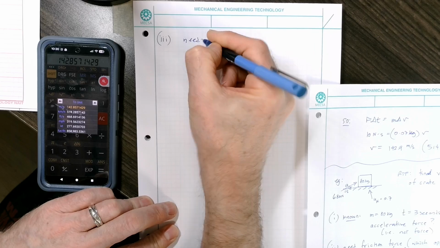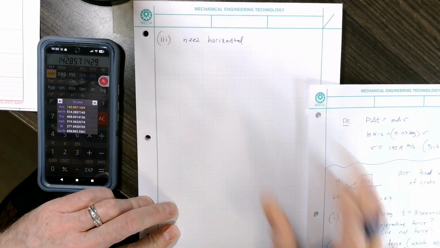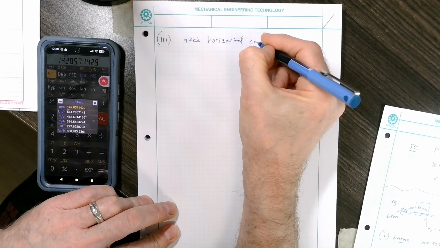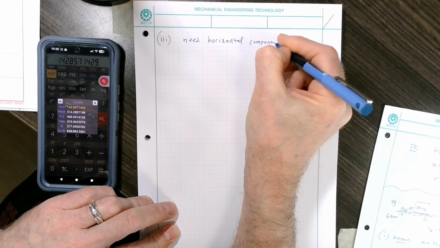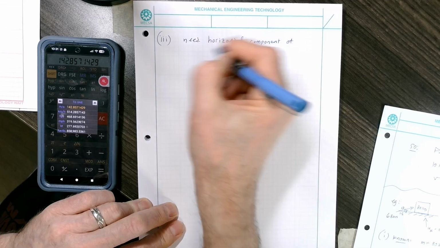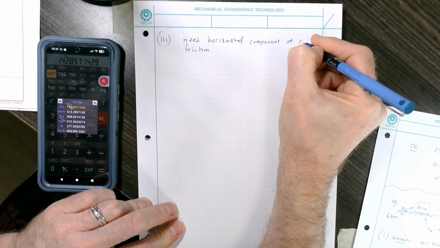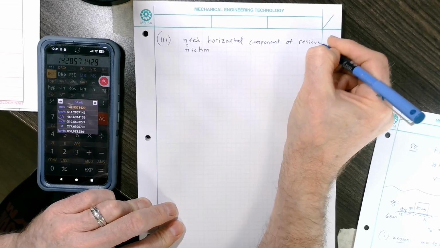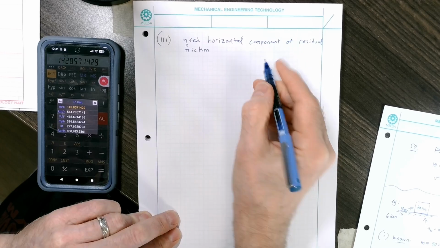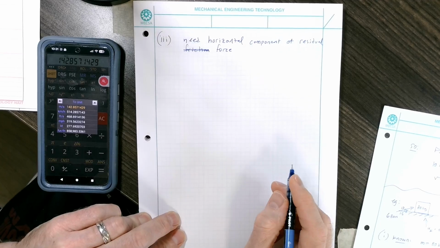Need the horizontal component of force. Maybe I'll call it residual. Not friction, of force. Okay, need the horizontal component of residual force.